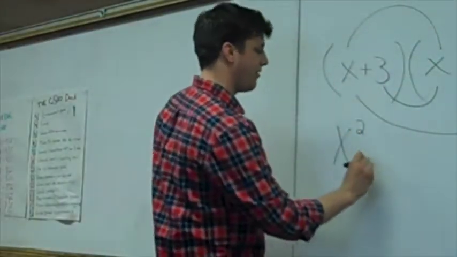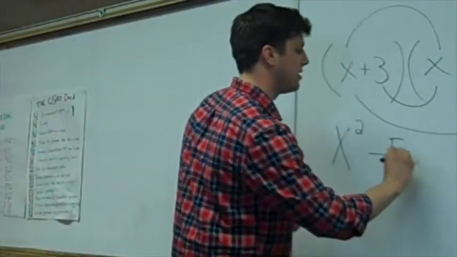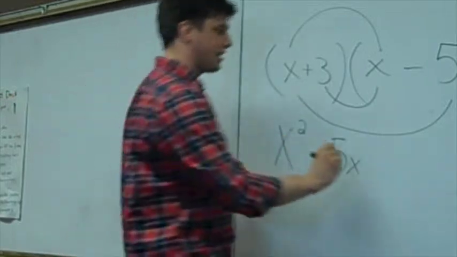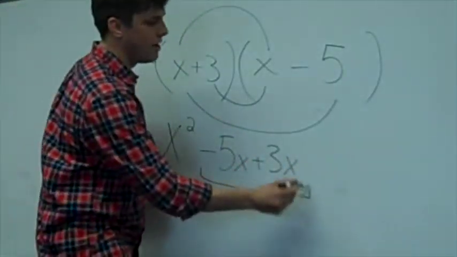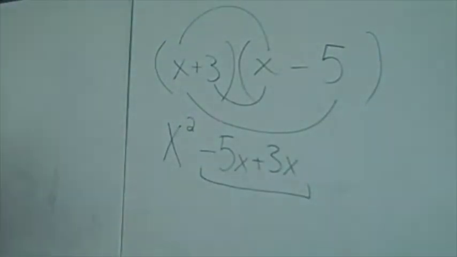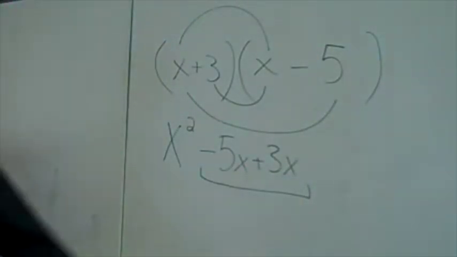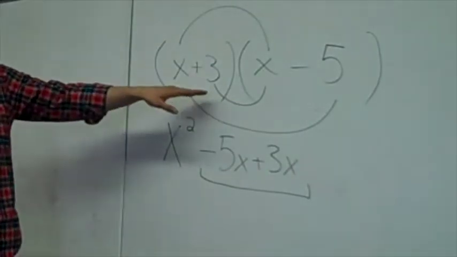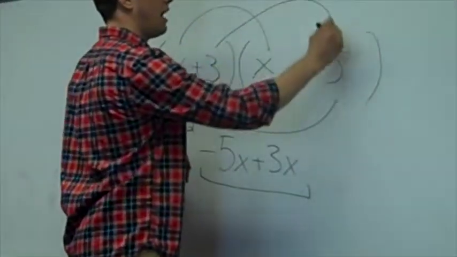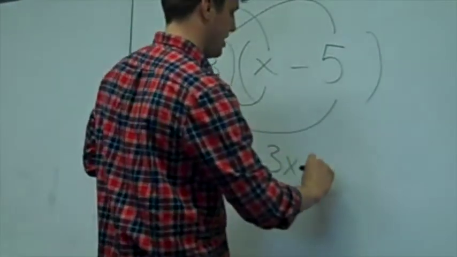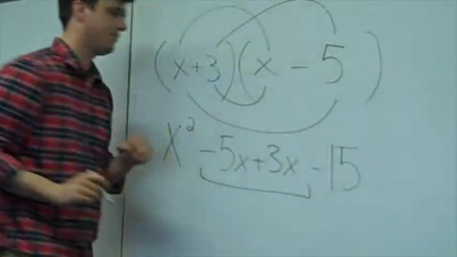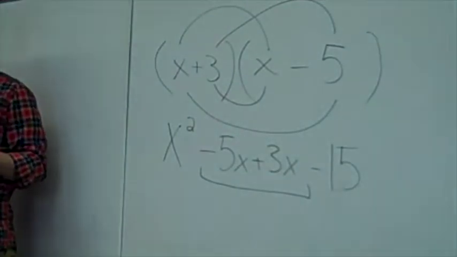So x times -5, you have -5x, and then 3 times x plus 3x. Those two middle terms are important, and once we get back to the fill in the blank section, you'll be able to see why. And then the last eyebrow of our unibrow smiley face is 3 times -5, which is -15.